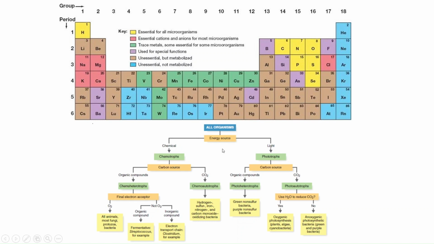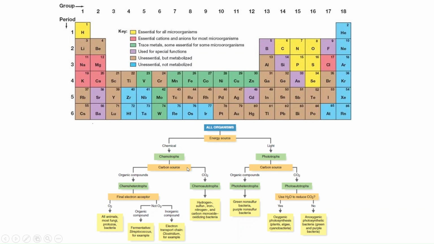So carbon source is very essential to build up any biomolecule in our cell, be it carbohydrates, proteins, lipids, or nucleic acids or enzymes for that matter, you will require a carbon source. Okay, so that is the basic difference between an energy source and a carbon source.